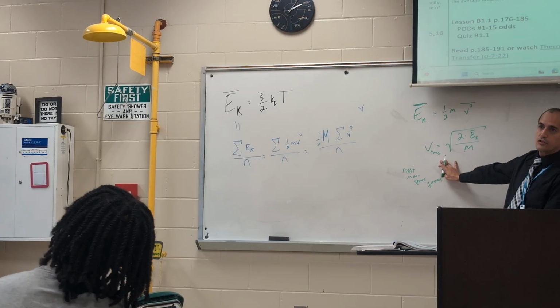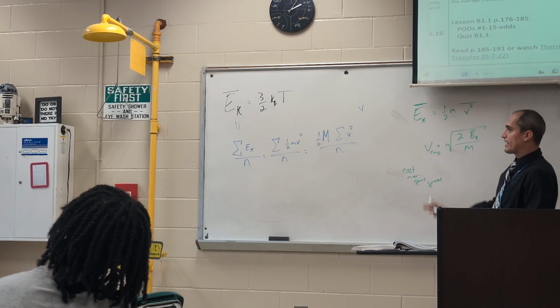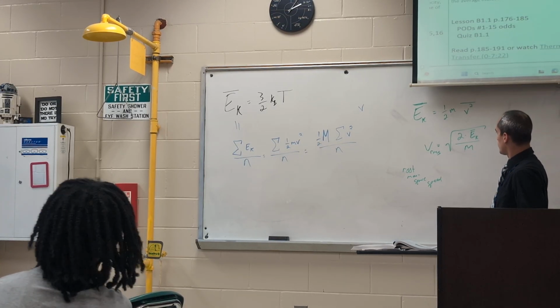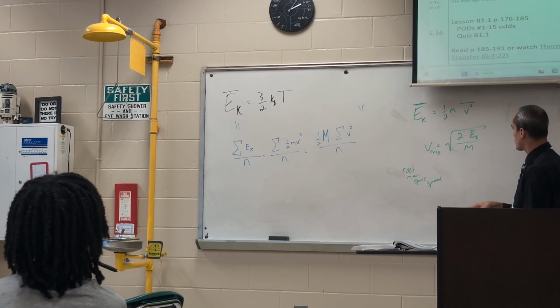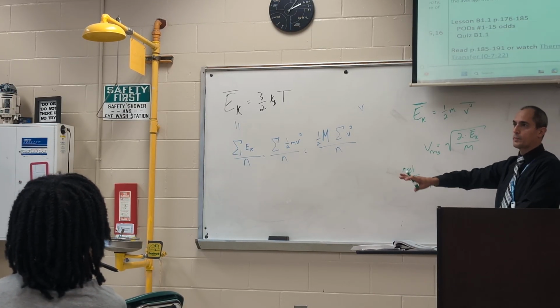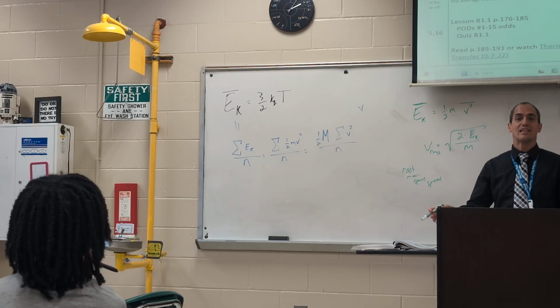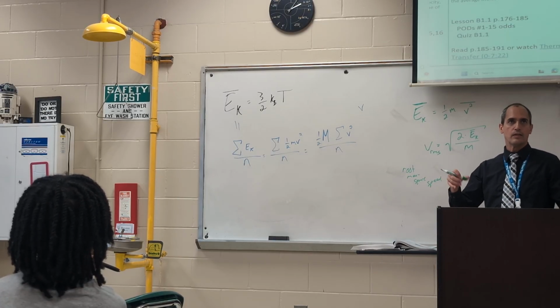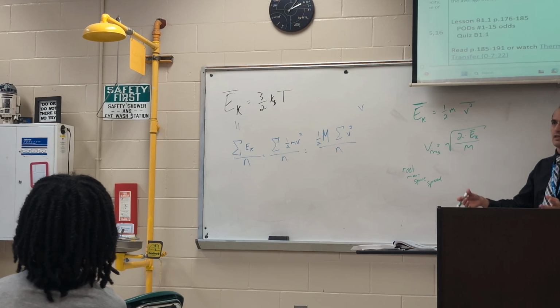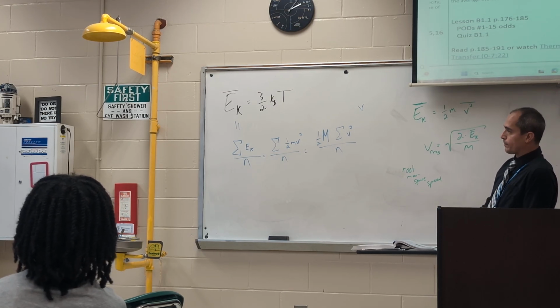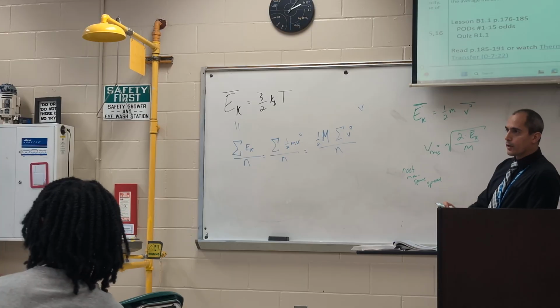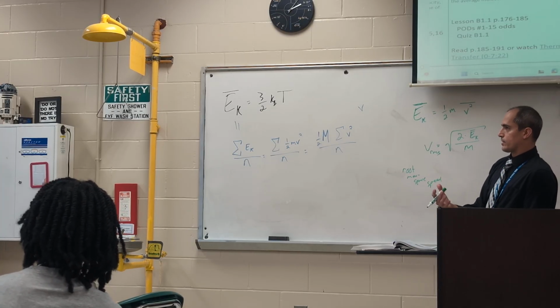So this is not actually in your equation sheet. It might show up sometime because it's a common thing that we see in IB physics. So the root mean square speed basically is like the average speed of the particles inside of a substance.